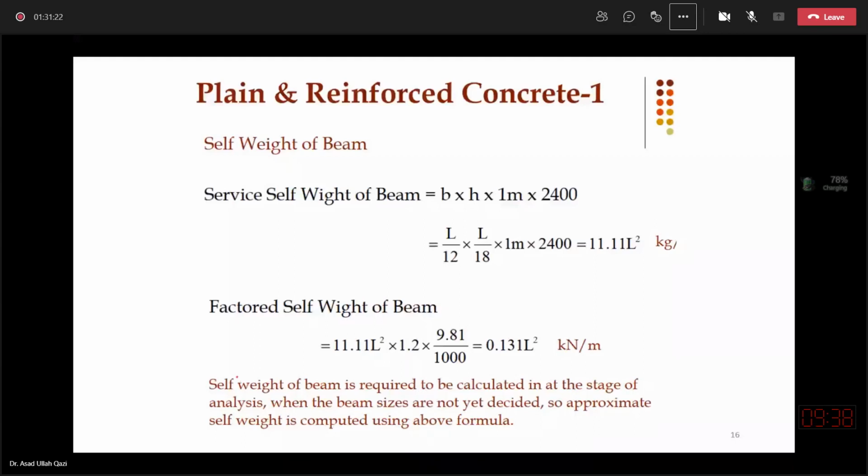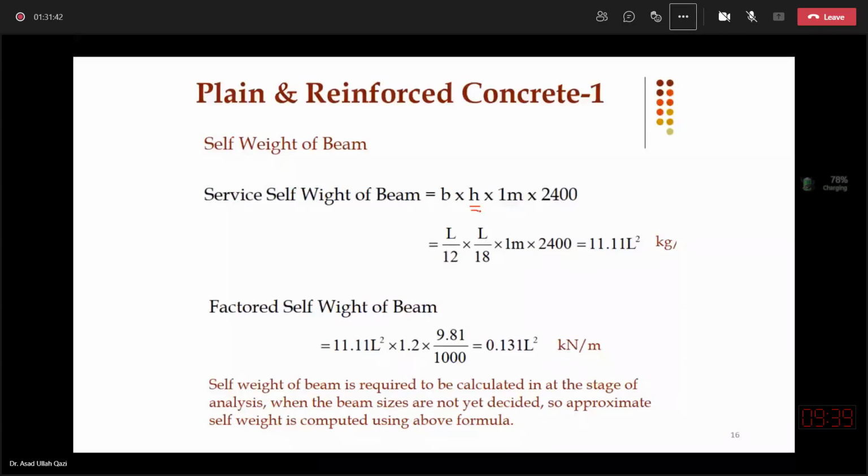It is simple. If you know the gross H of the beam, you can subtract from that gross H the slab thickness, because slab thickness is already included in the estimation of the slab load over the beam. Then you know the width of the beam.